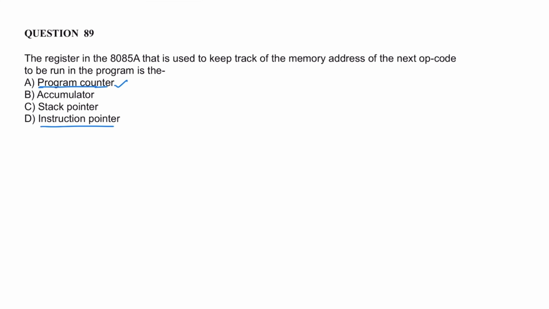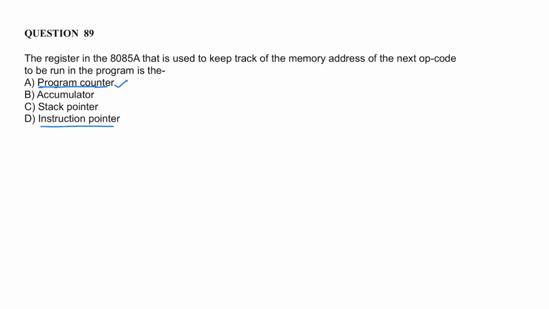The program counter or instruction pointer, or simply PC, is a fundamental component of the computer central processing unit. It is a special register that keeps track of the memory address of the next instruction to be executed. So the correct option is either A or D.